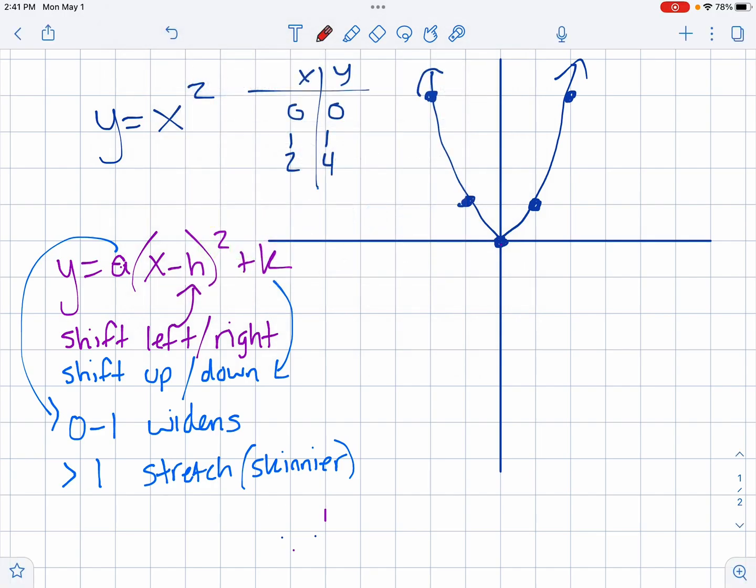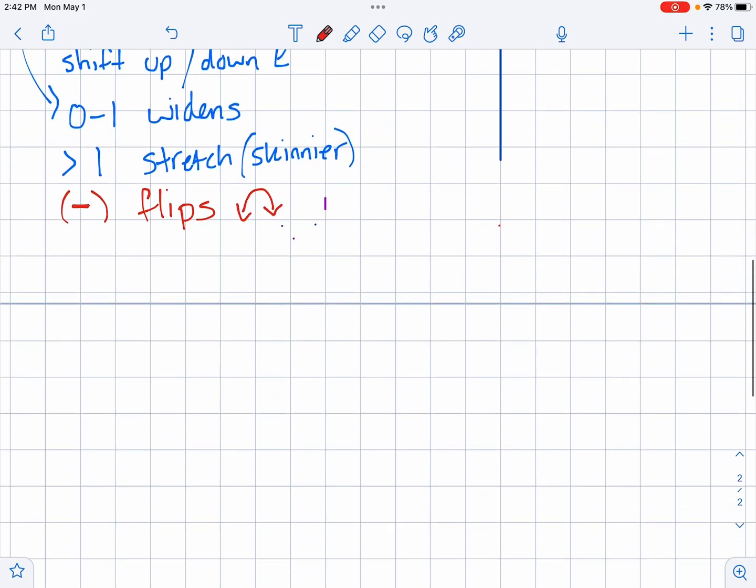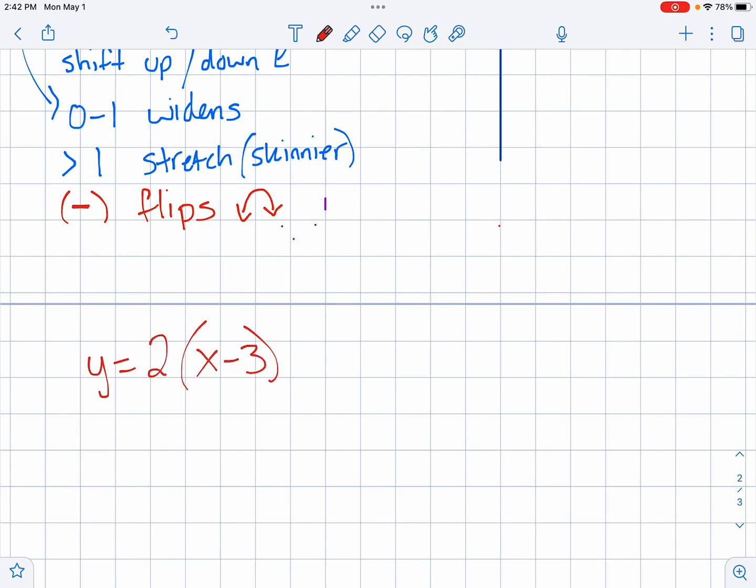What happens if the a is negative? If it's negative, then it flips it. So that means it's a hill instead of a U. So let's look at one. If we have y equals 2 times x minus 3 squared, what happens?